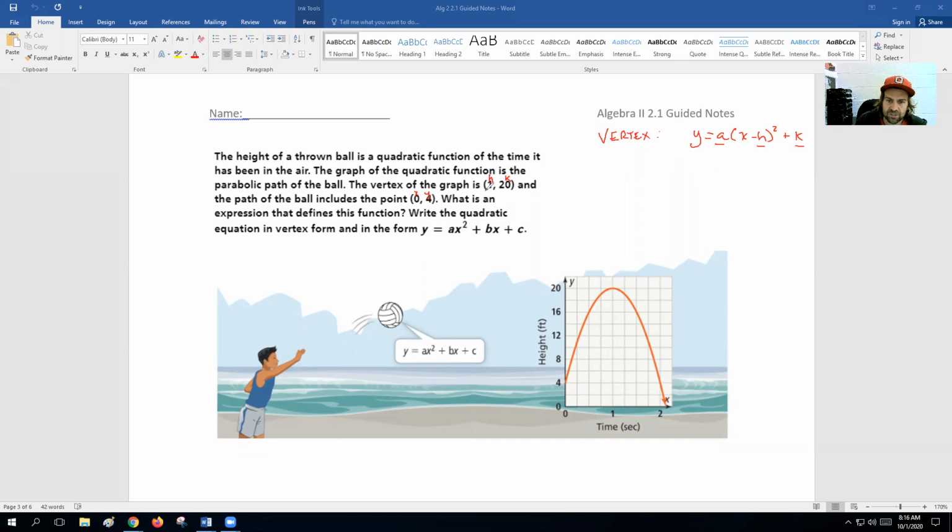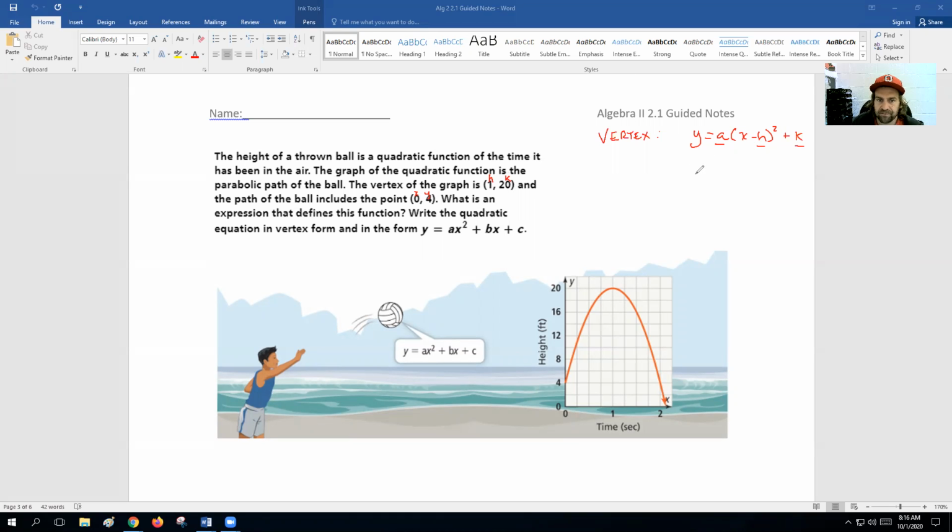Well, lucky for us, h and k are already given to us. They're 1 and 20, but a is not. So we're going to use our x and y values with our h and k in this expression to find a. Just like when we do y equals mx plus b, when we plug those values in to figure out b, we'll do the same thing here to figure out a.